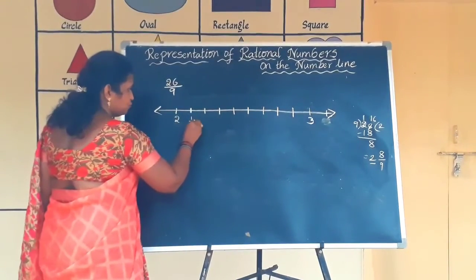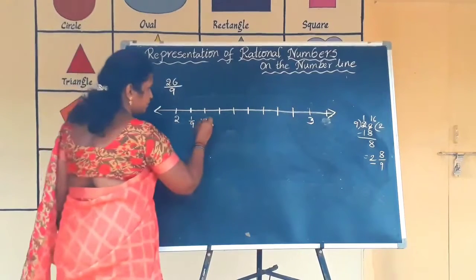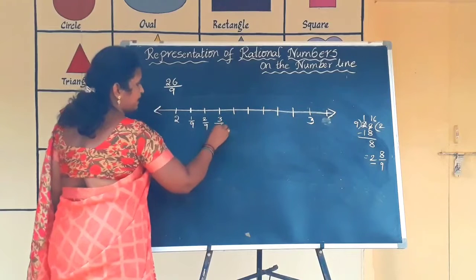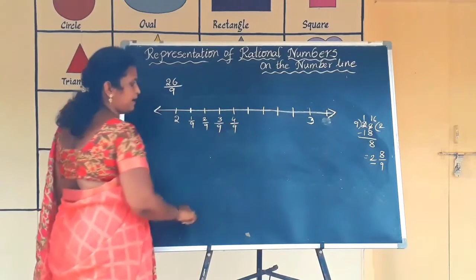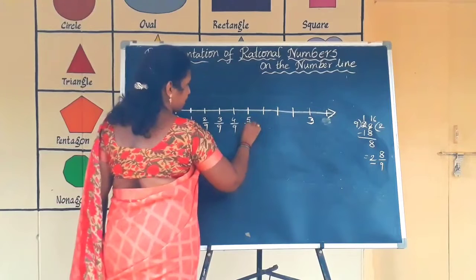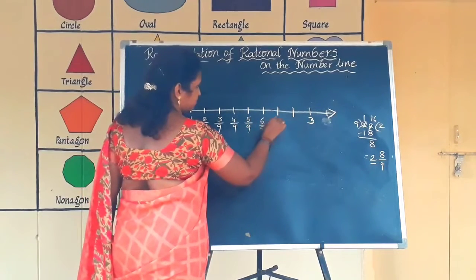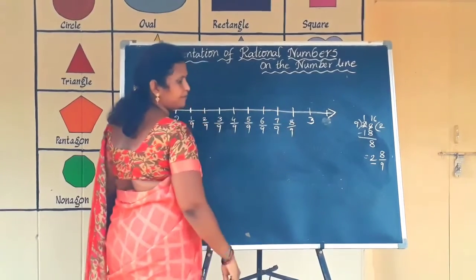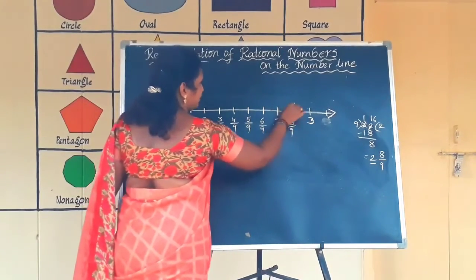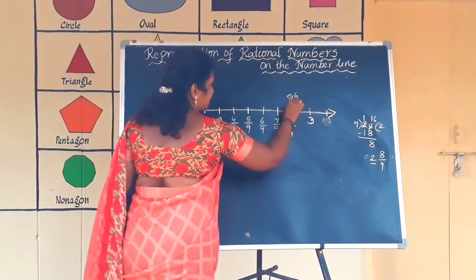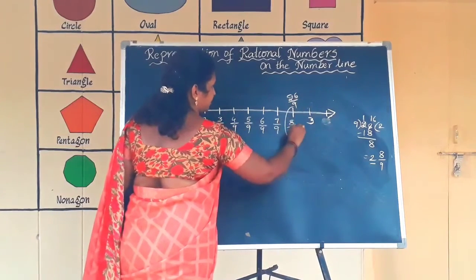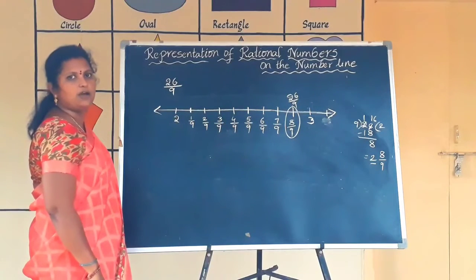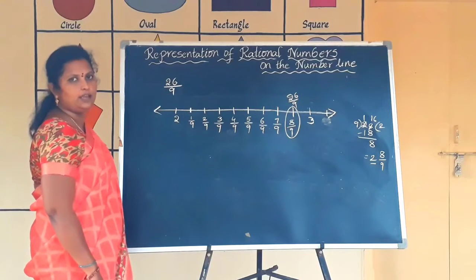This is 2 1 by 9, 2 2 by 9, 2 3 by 9 and 2 4 by 9, 2 5 by 9, 2 6 by 9, 2 7 by 9 and 2 8 by 9. So we have to represent this 26 by 9, that is 2 8 by 9, on the number line like this. Okay, understand the concept how to represent the given rational number on the number line.